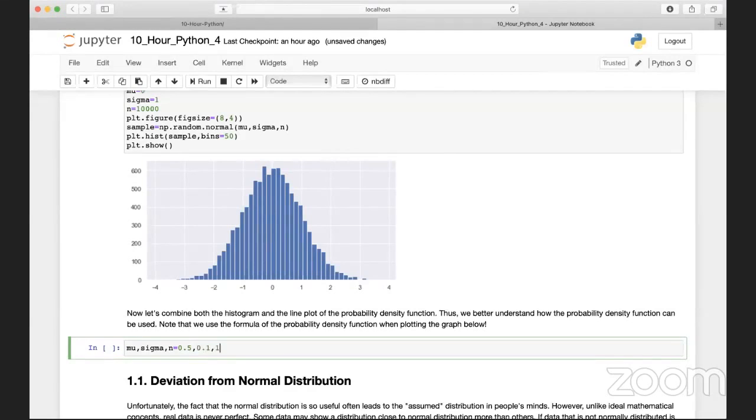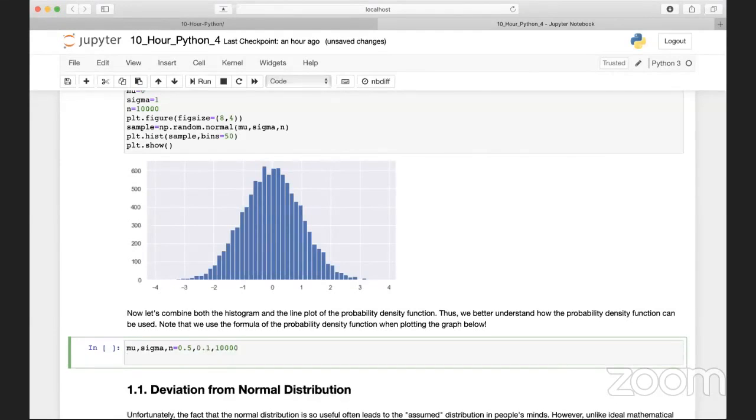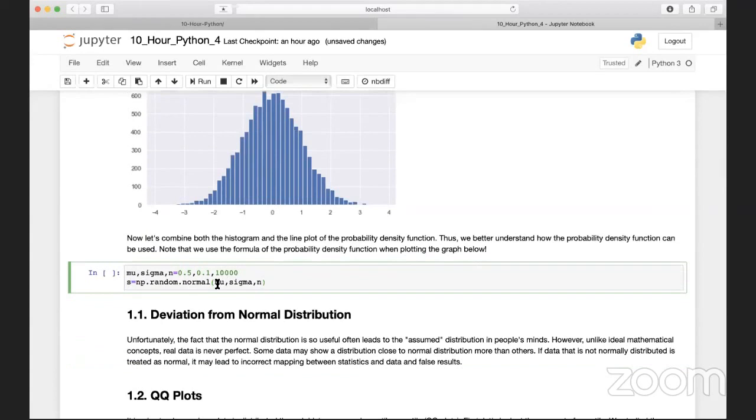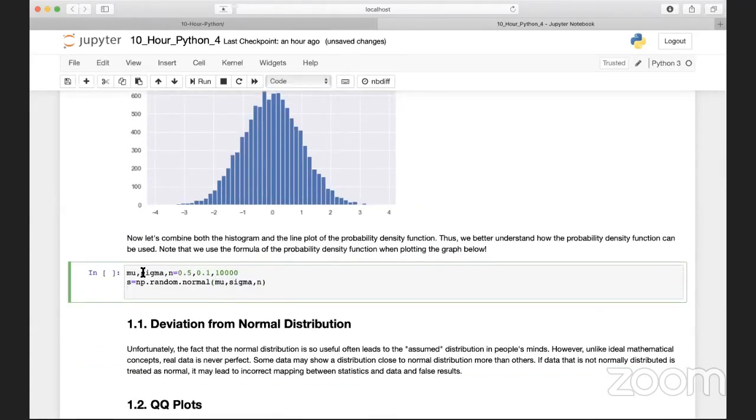You can define your own parameters. S is my new variable, a normally distributed variable. Okay, np random dot normal, mu, sigma and n. So my mean, standard deviation, and the number of observations, which are defined here beforehand.